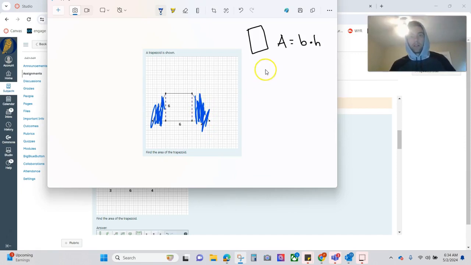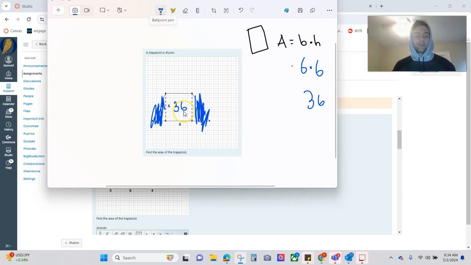There, we got a square. The base is 6. It looks like the bottom side. And the height, oh, look at that, is also 6. And 6 times 6 is 36. Let's write that. Okay, now we are done with the square.